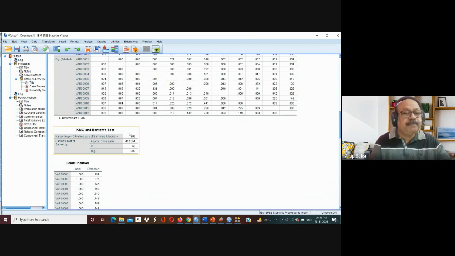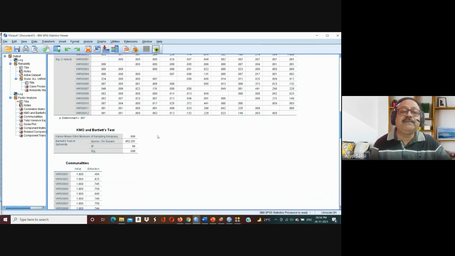So the sample adequacy is achieved. There is no issue with the sampling. We have used 98 samples. As I have told you, there were 12 items or 12 variables, and we have understood that for each variable there should be a minimum of 5 responses, and to make the scale very robust there should be 10 responses.